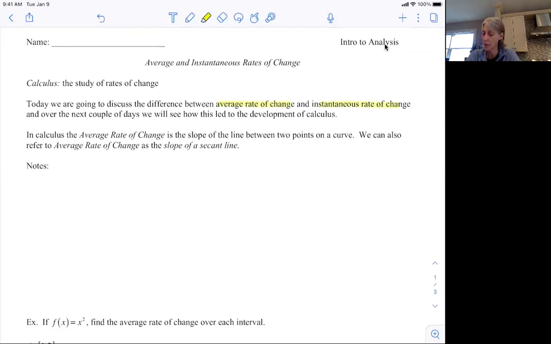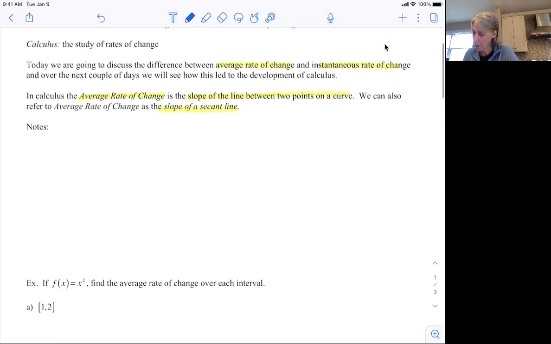development of calculus. So in calculus, the average rate of change is the slope of the line between 2 points on a curve. We can also refer to this as the slope of a secant line. We did talk about this earlier in the year.